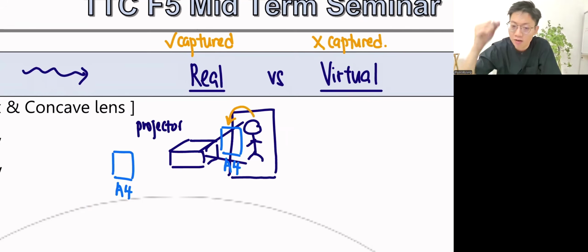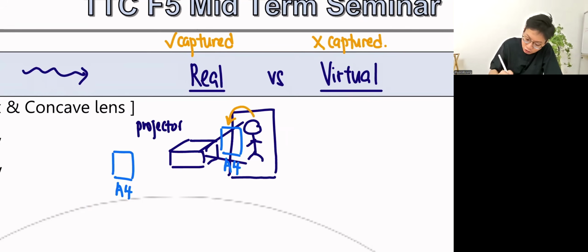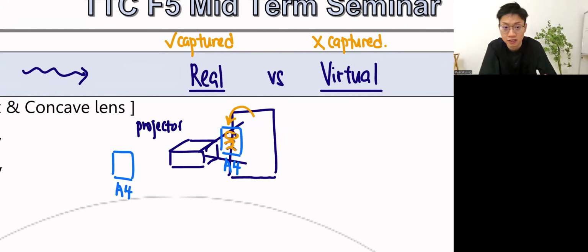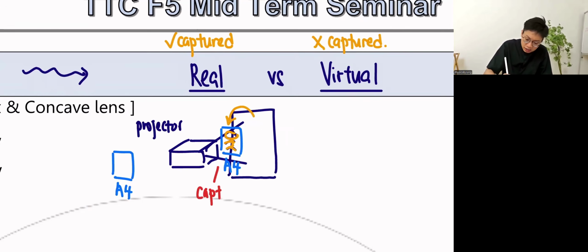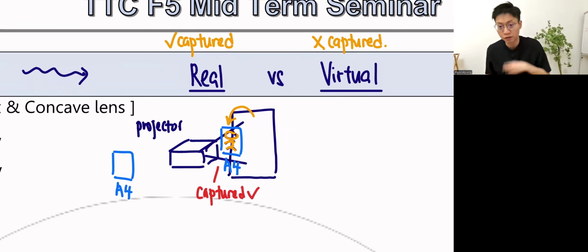Will it be blocked? The answer is yes. This image will now be formed on the A4 paper. Your screen here has no more image already, correct? So this means that it is a real image. Why? Because it is captured by the screen.